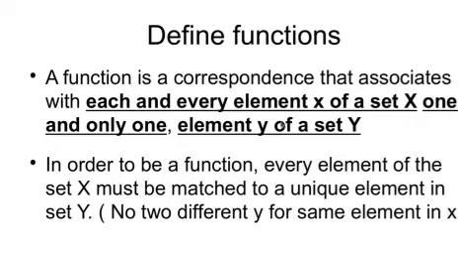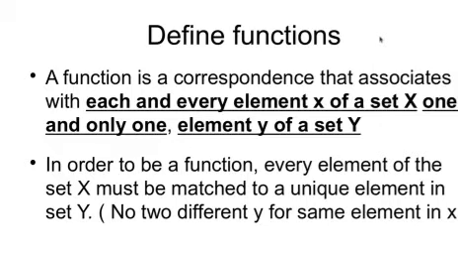A function is a correspondence that associates each and every element x of a set X to one and only one element y of a set Y. This is a long sentence. I will tell you the meaning of this in a few seconds.